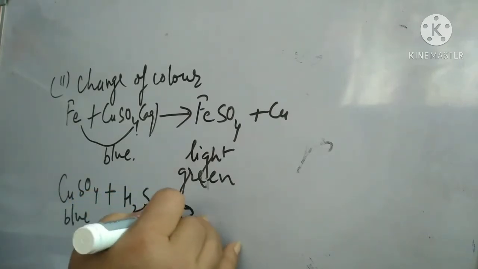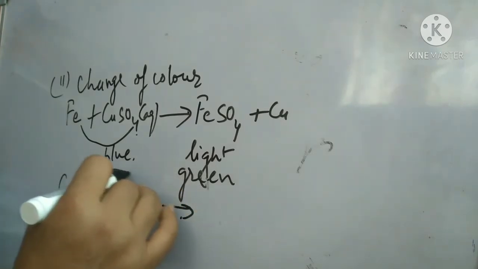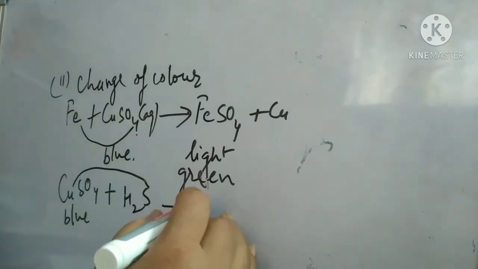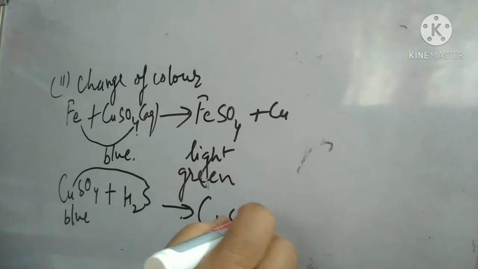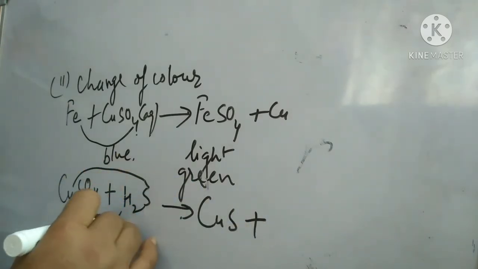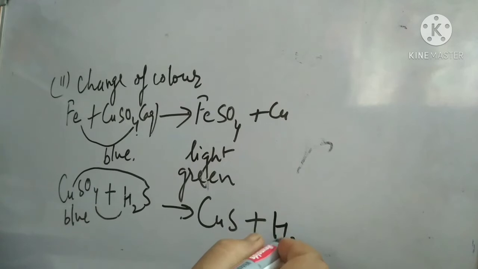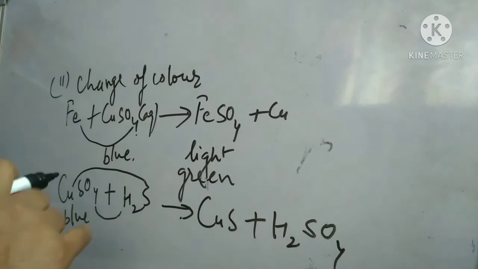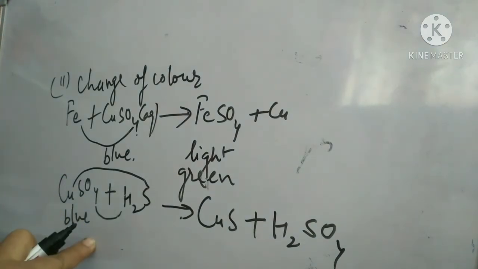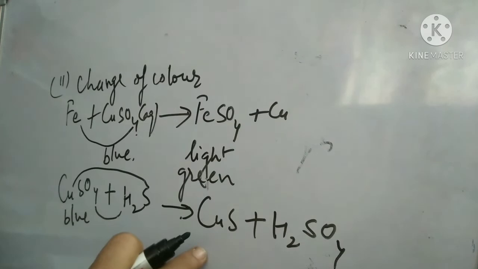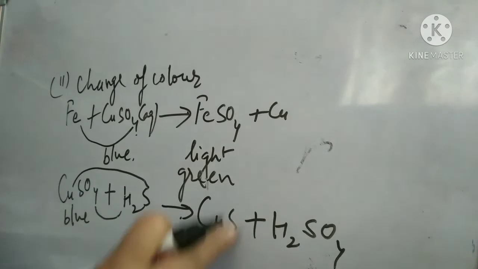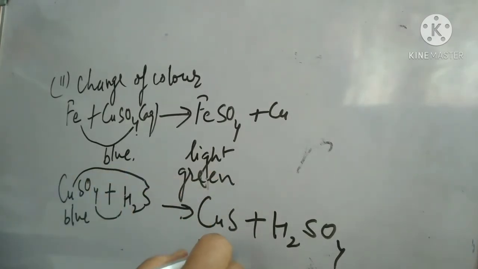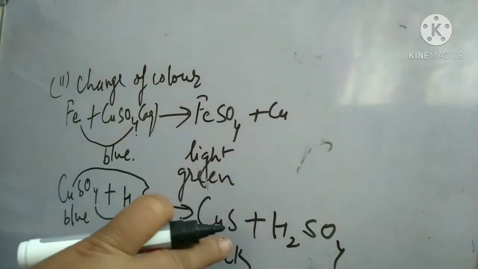The resultant product will be copper and sulfide combining to form copper sulfide, plus hydrogen and sulfate will form sulfuric acid. So now the blue color of copper sulfate will result in the formation of a black solid, that is your copper sulfide. The color will change from blue to black because of the formation of the product, that is copper sulfide.